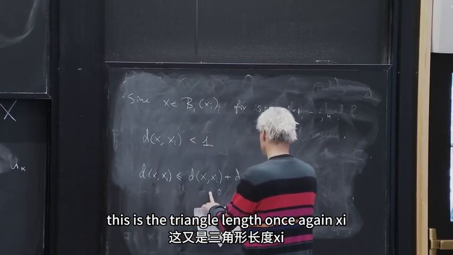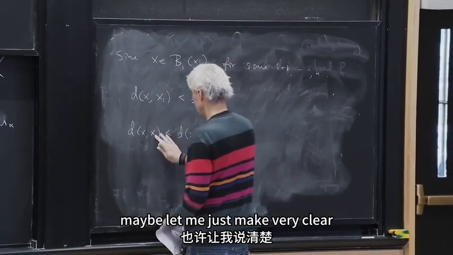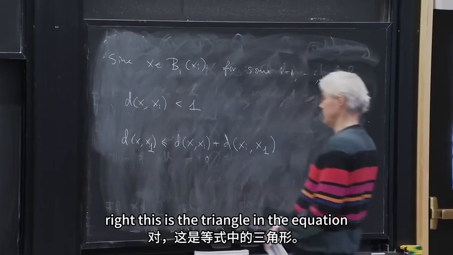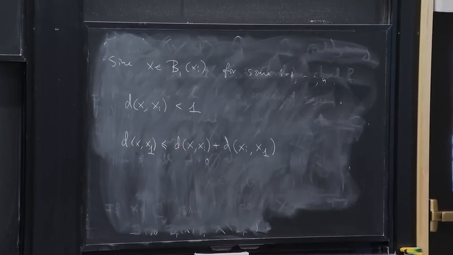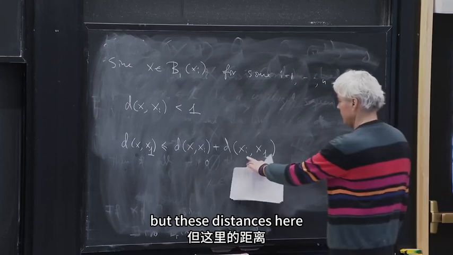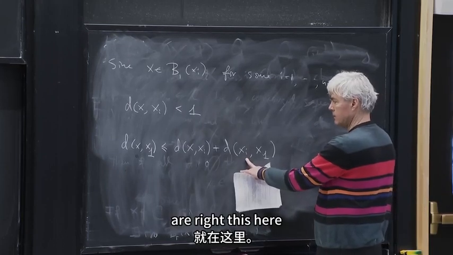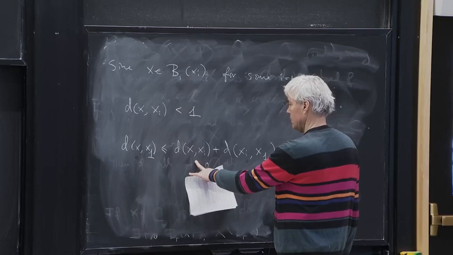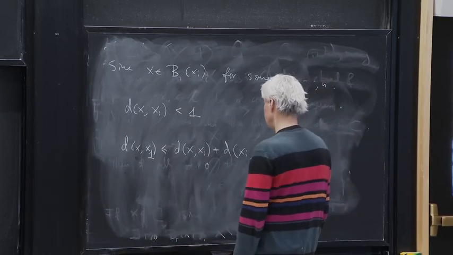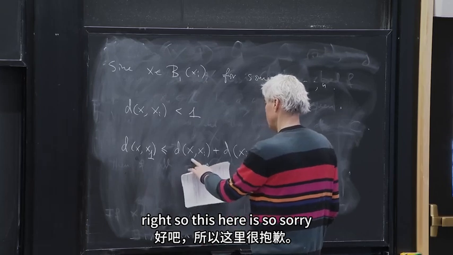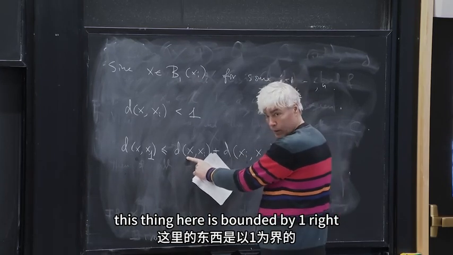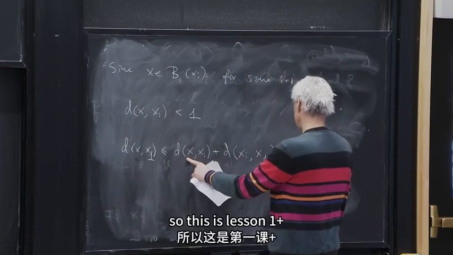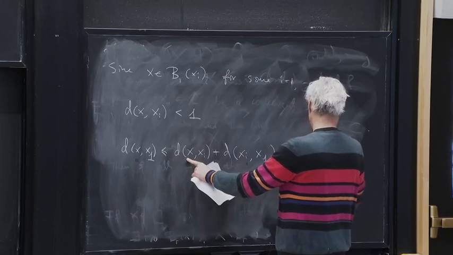This is the triangle inequality again. The first distance is bounded by 1, actually strictly less than 1. So this is less than 1 plus this other distance.